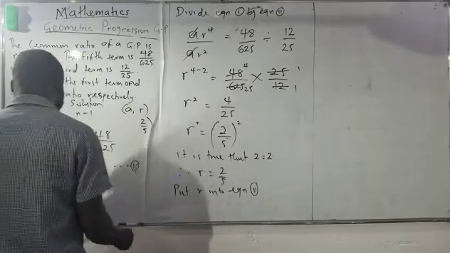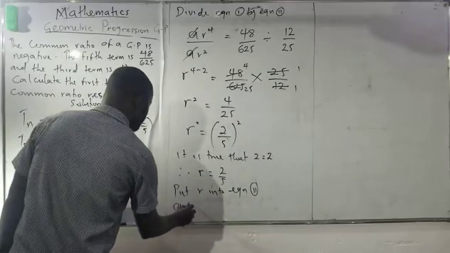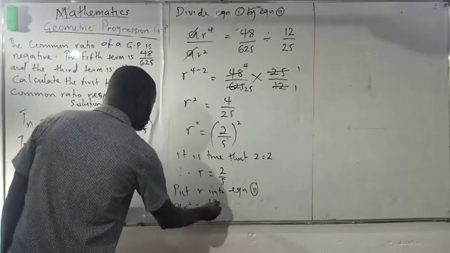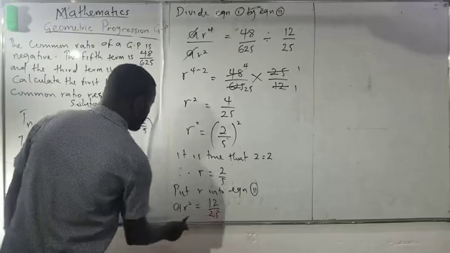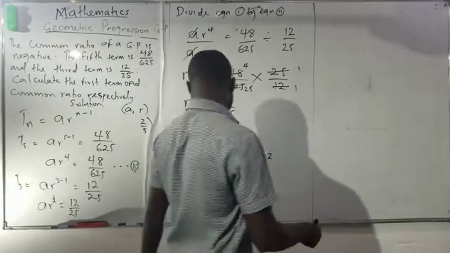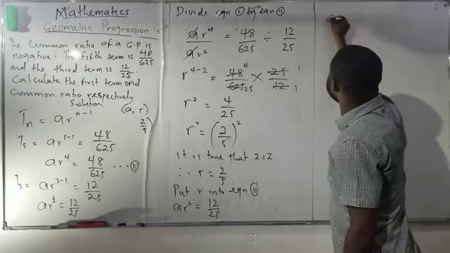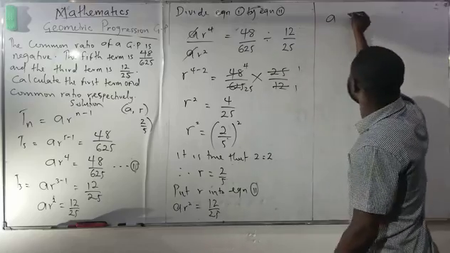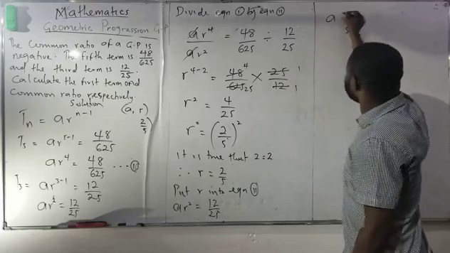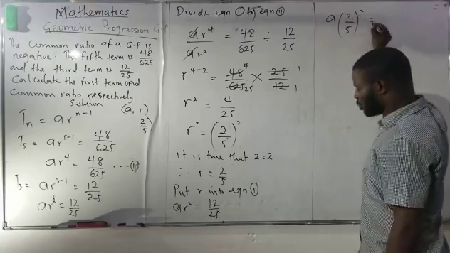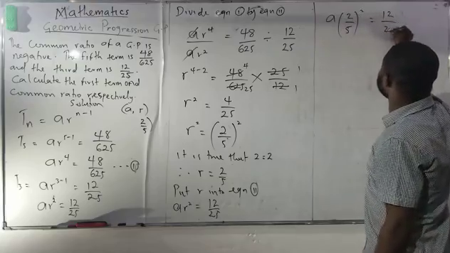Now, what is my equation 2? AR squared equals 12 over 25. Now, my R is given to you. Now, I'll have A times the bracket of 2 over 5 squared equals 12 over 25.